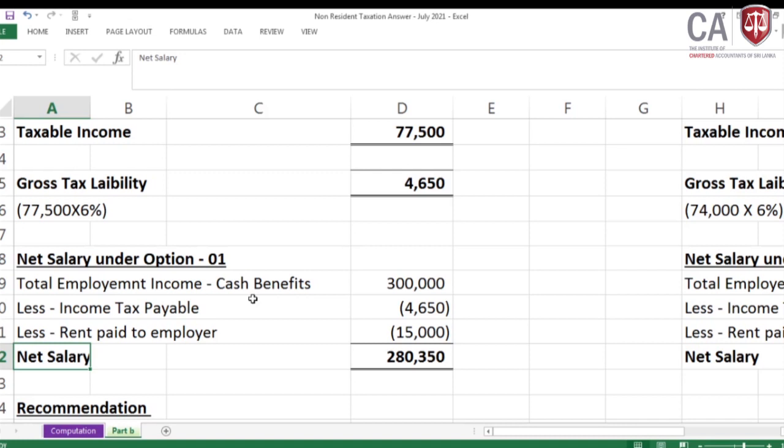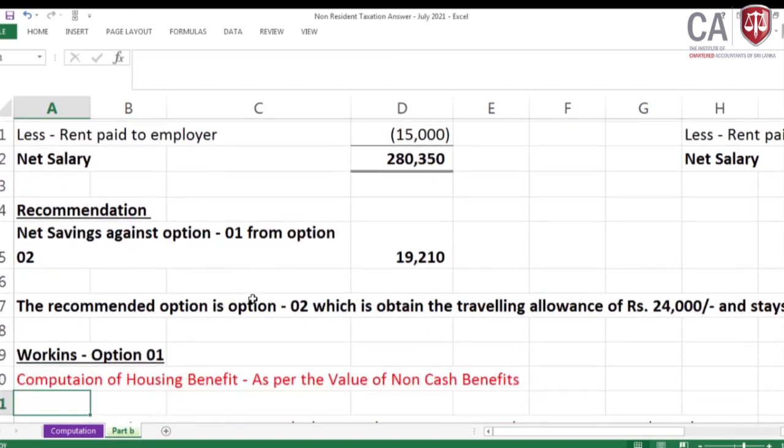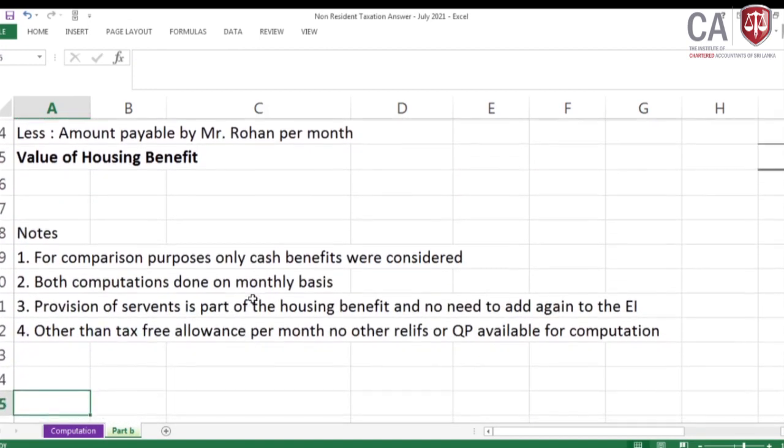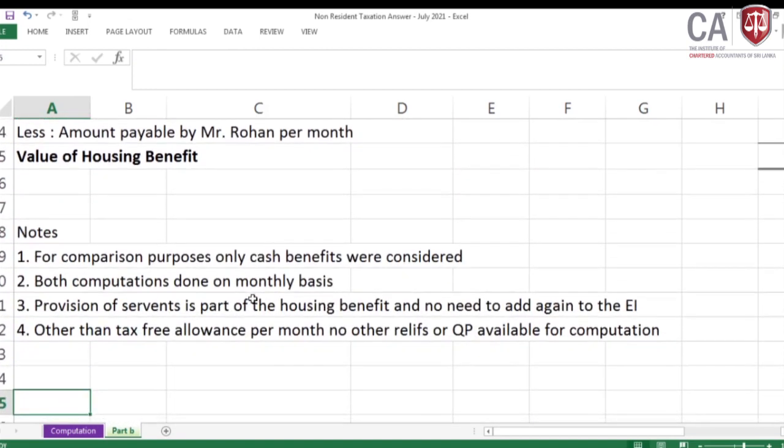Coming to the answer, before the recommendation I need to give my assumptions or notes. These are the notes for my computation. For comparison purposes, only cash benefits were considered because both sides should be on equal terms. Second, both computations were done on a monthly basis. That's a requirement of the examiner.